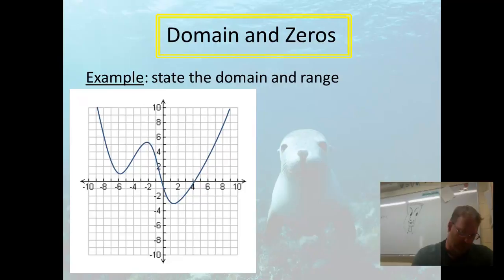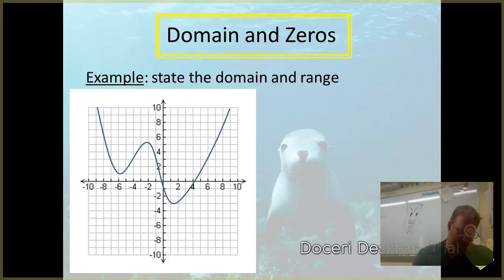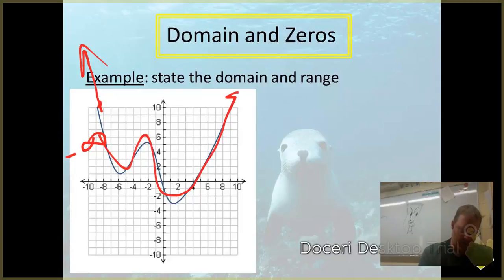Okay, it shows it stopping right there, but is it actually stopping right there? It's not. This graph continues to go on. So it's actually going from negative infinity in that direction, and it goes to positive infinity in that direction. So my domain is negative infinity to positive infinity.